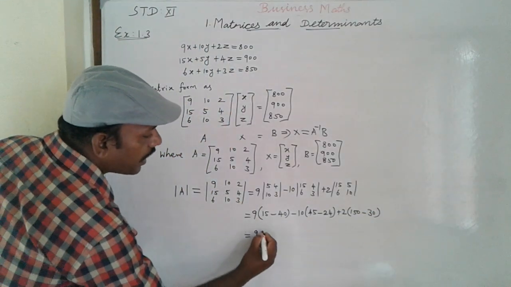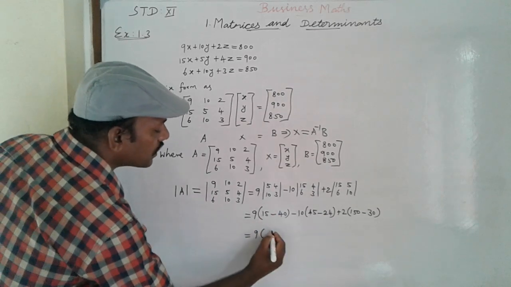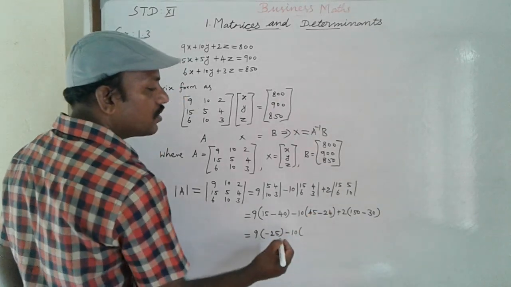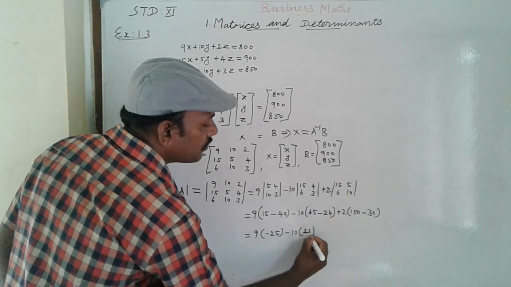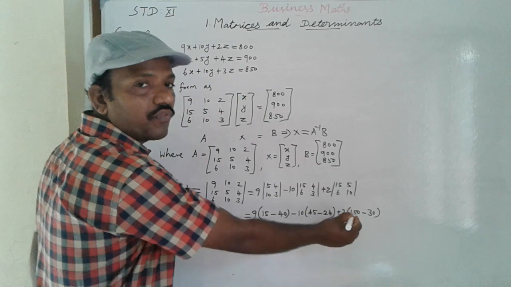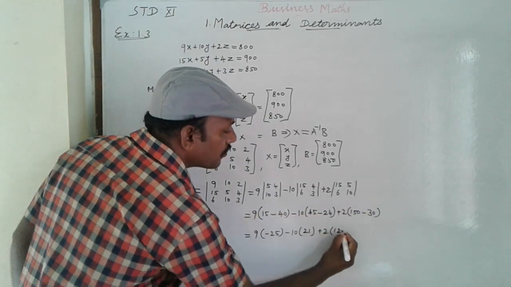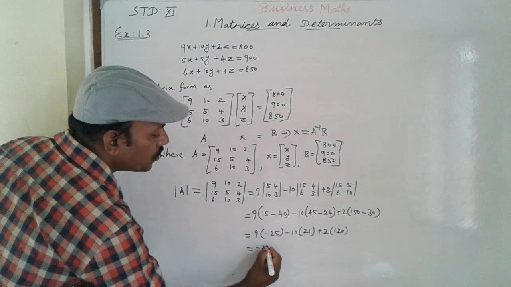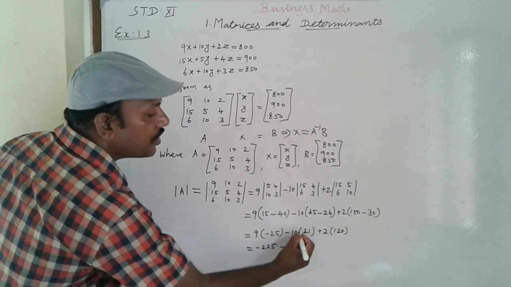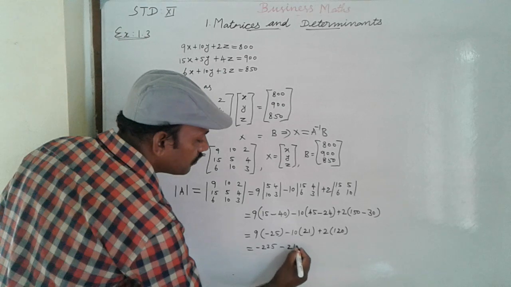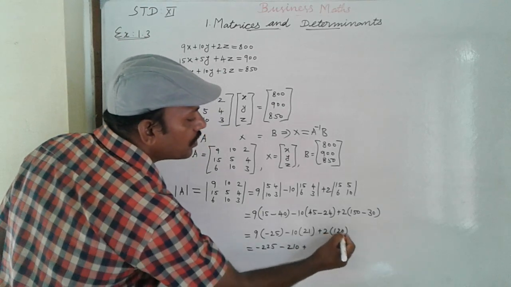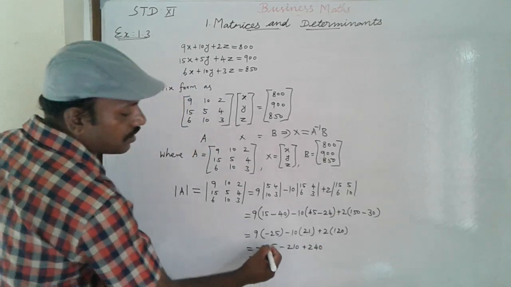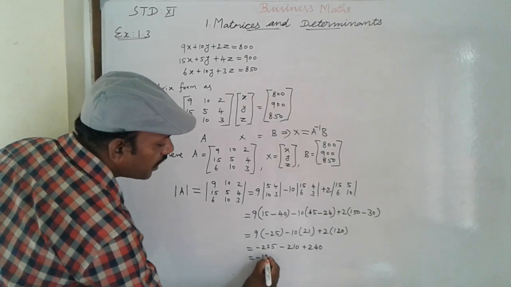It is equal to 9 into minus 25, minus 10 into 21, plus 2 into 120. Multiplying: 9 into minus 25 is minus 225, minus 10 into 21 is 210, plus 2 into 120 is 240. Adding, the value is minus 195.